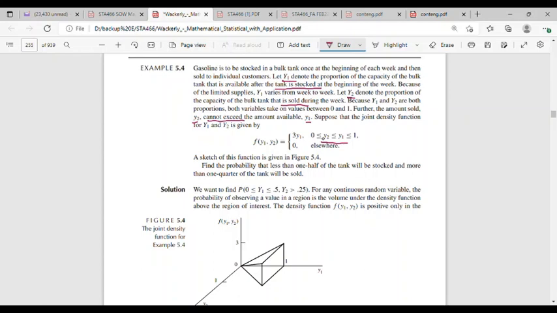Okay. Find the probability that less than 1/2 of the tank will be stocked, which is y1, and more than 1/4 of the tank will be sold, which is y2.